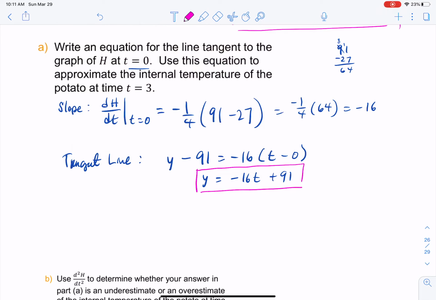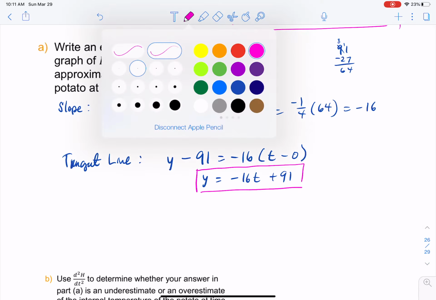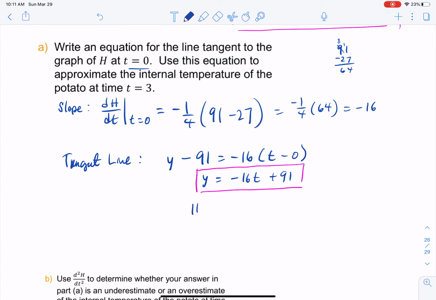It's essential. And use this equation to approximate the internal temperature of the potato at t equals 3. So I'm going to say that h of 3 is approximately equal to negative 16 times 3 plus 91, negative 48 plus 91, and I got 91 minus 48.